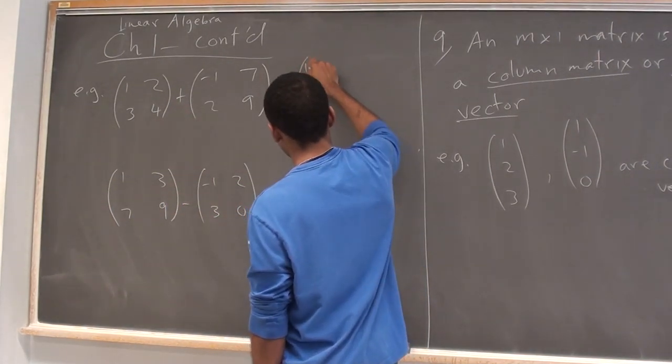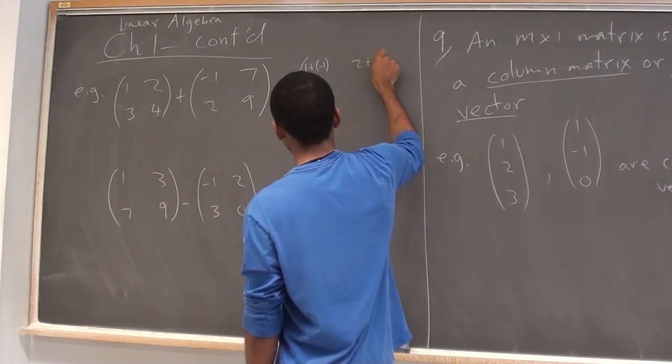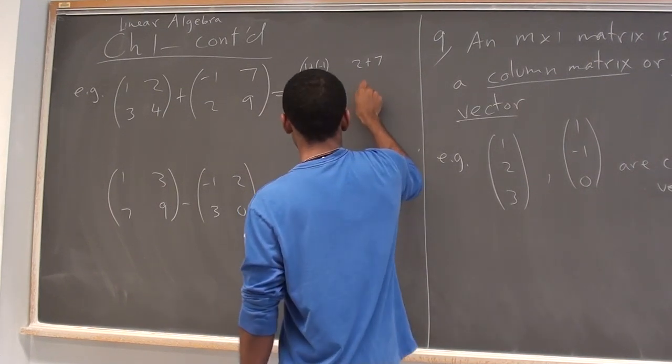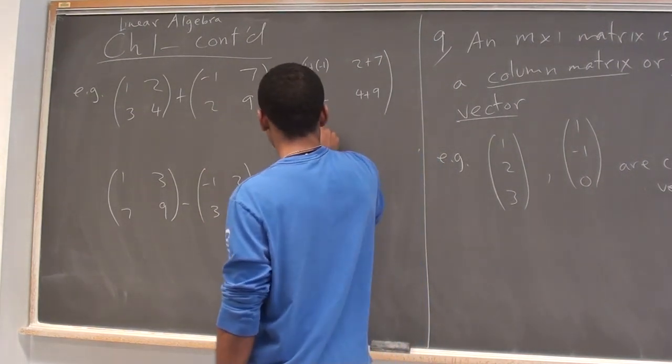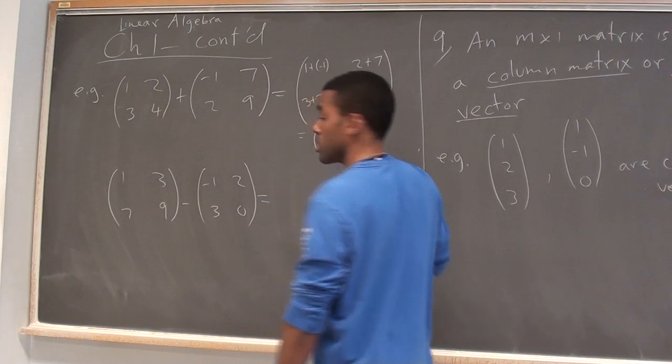So you have a 1 plus a minus 1. Then you have a 2 plus a 7. Then you have a 3 plus a 2. Then you have a 4 plus a 9. So this would give you 0, 9, 5, 13.